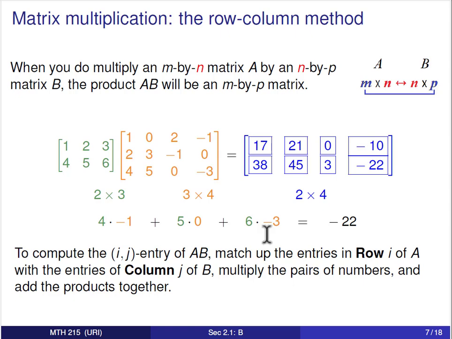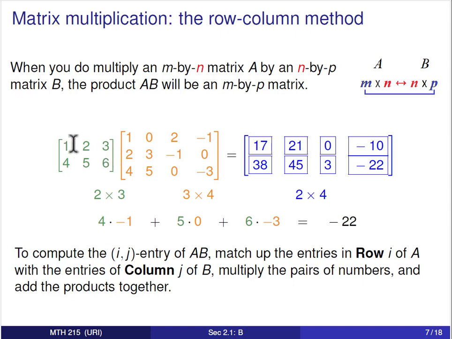Now, we asked why it was important that you had the same number of rows in B as you had columns in A. Why is it important that these two numbers match? And you start to see why that is.